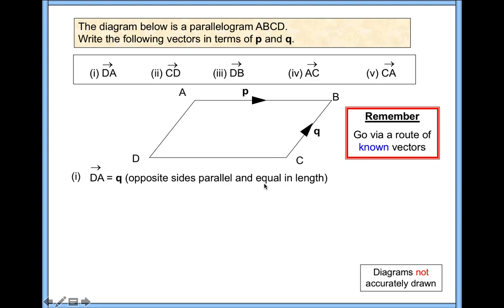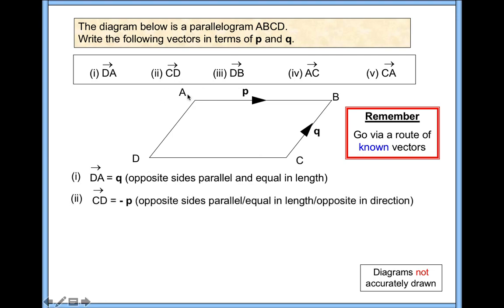Now we will speak about vector CD. This is vector CD. Now vector CD with reference to vector AB. I told you previously, opposite sides of a parallelogram are parallel and are equal in length. That means side AB and side DC are parallel and equal in length.